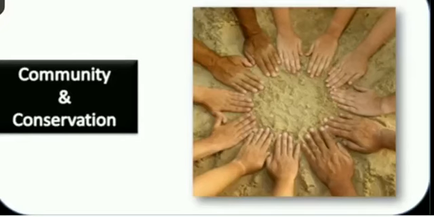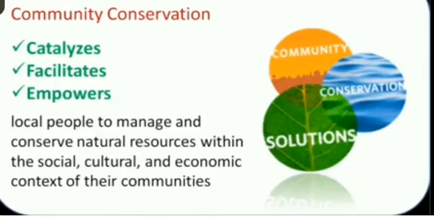So how can we contribute through community conservation? Local people manage and conserve natural resources within the social, cultural, and economic contexts of the community. For example, there were movements which refer to this community conservation, like the first one, the Chipko movement.